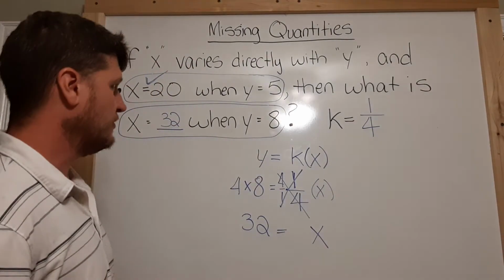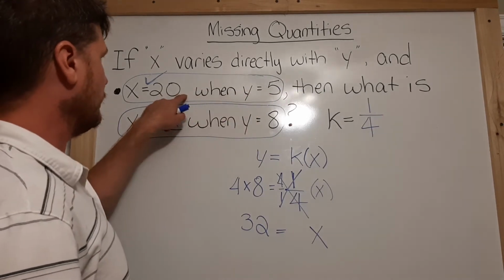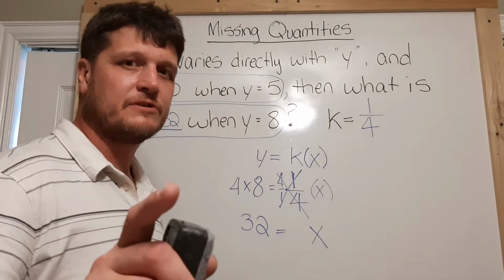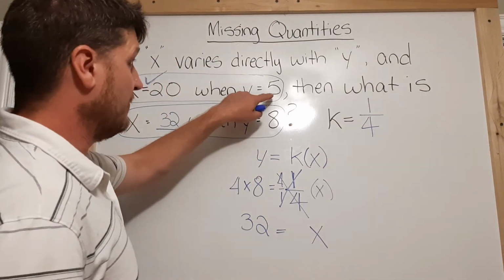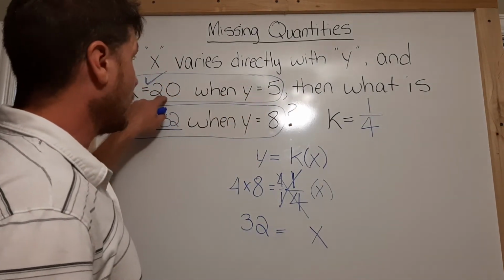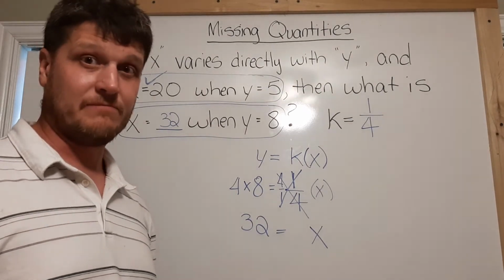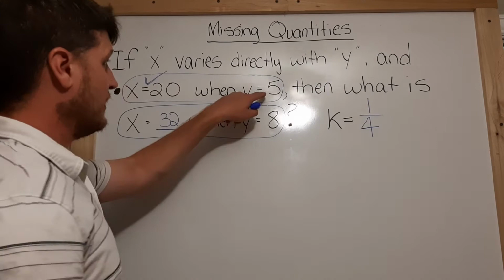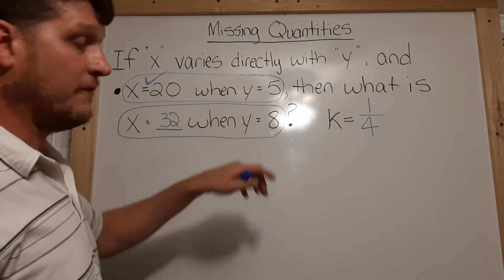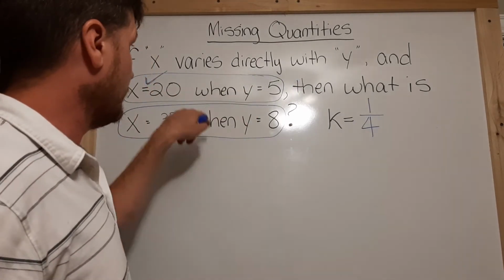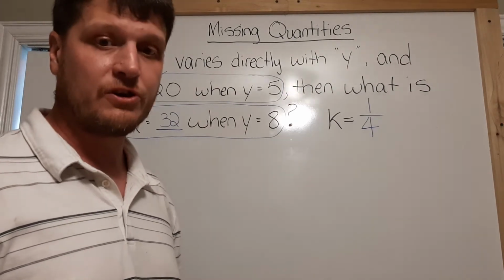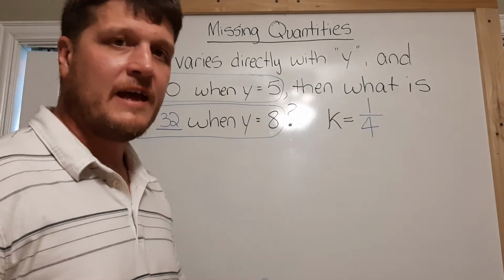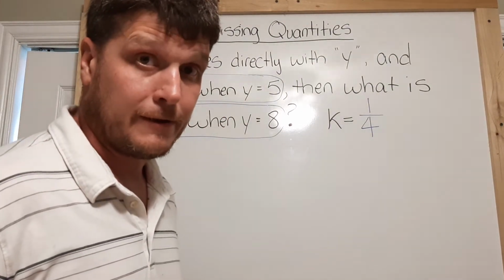The next thing we're going to do is take these two ratios, or constants, because both of those constants are a ratio of this quantity over that quantity. Now, if we reduce these particular constants to lowest terms and we get this number right here, 1/4, that means we did our job correctly.